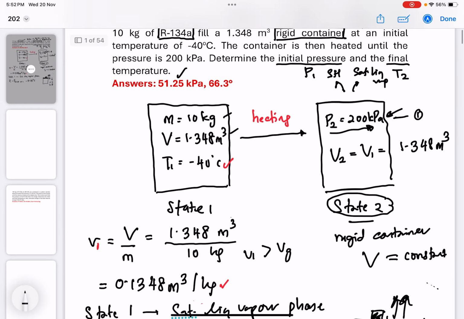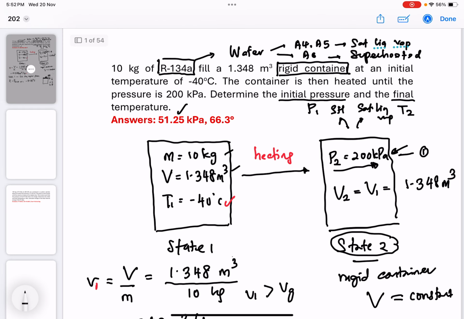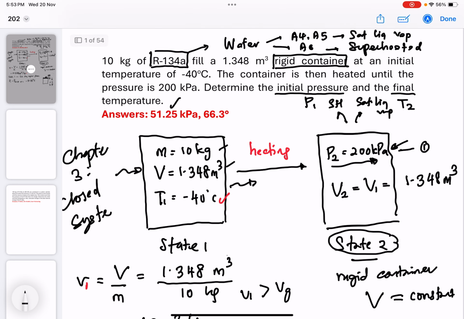But in this case, the question mentions that the container is a rigid container, therefore the volume is going to be constant. As we learned in chapter number 3, this is what we call a closed system. For a closed system, there's no mass flowing into or out of the system.